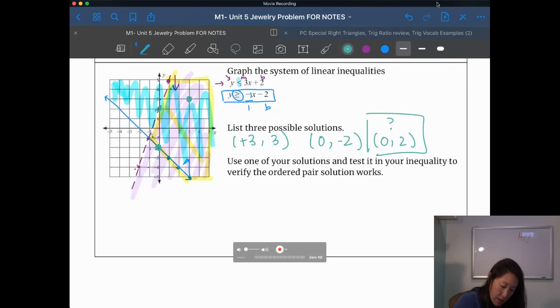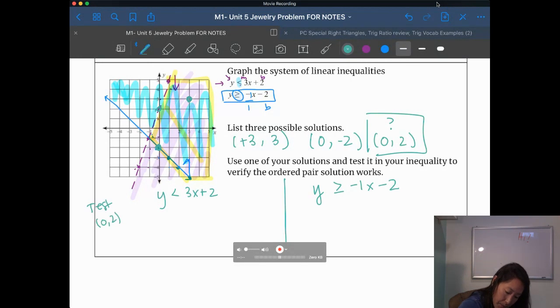Okay, let's test this one just to verify. So what you do to test this time is we plug it into both inequalities. So I'm going to start with y is less than or equal to 3x plus 2. And then we also need to test the point in y is greater than or equal to -1x minus 2. We're going to test 0, comma 2.